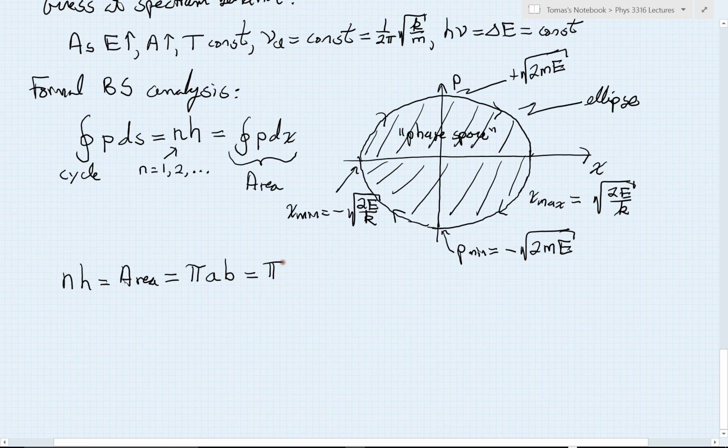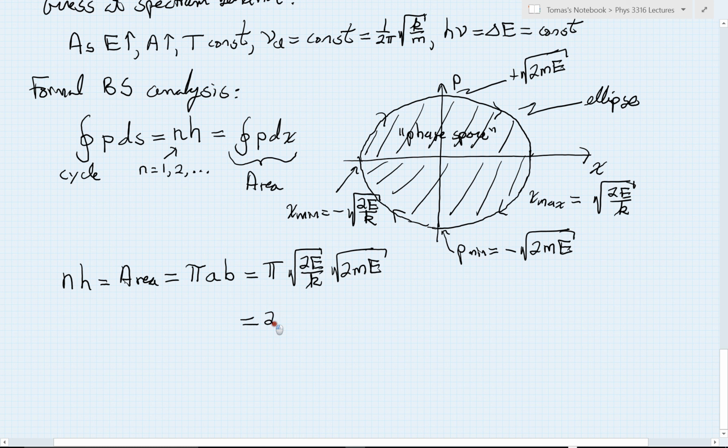So that's pi. This axis is square root of 2E over k. And then the other axis would be this axis, whose size is square root of 2mE. And now we just have some algebra to do. One thing I'll notice is that 2E appears in both square roots, so that comes out as just 2E.